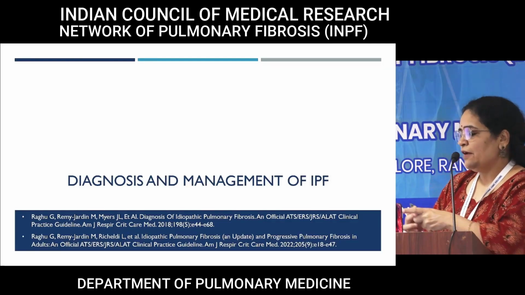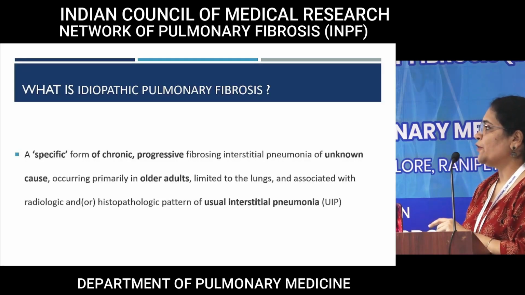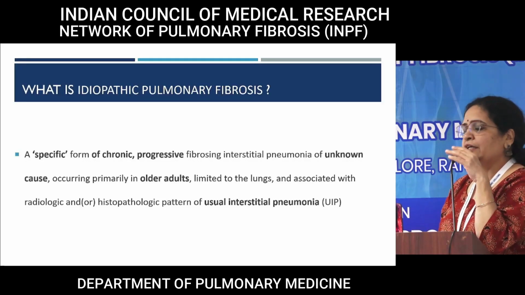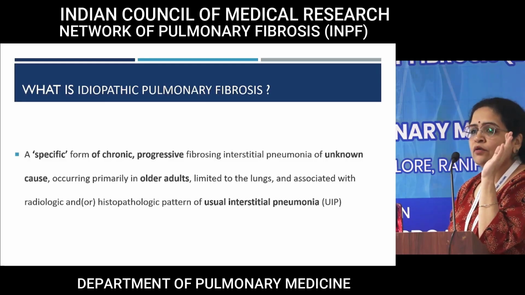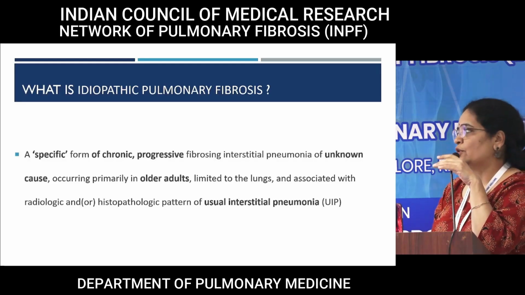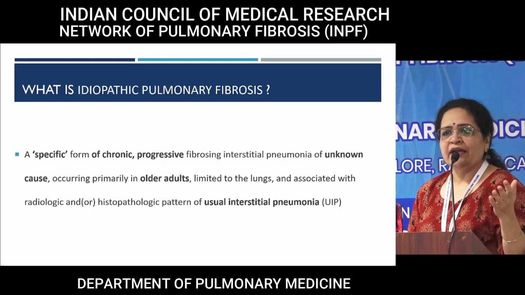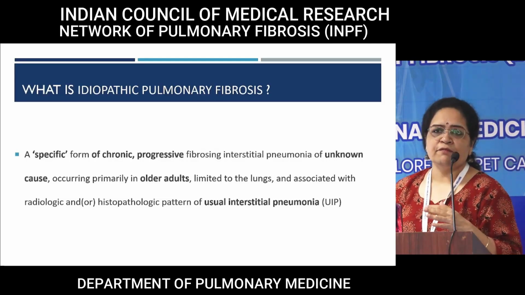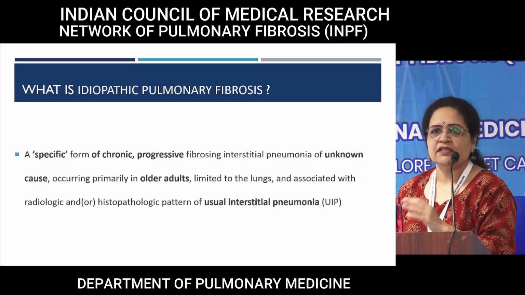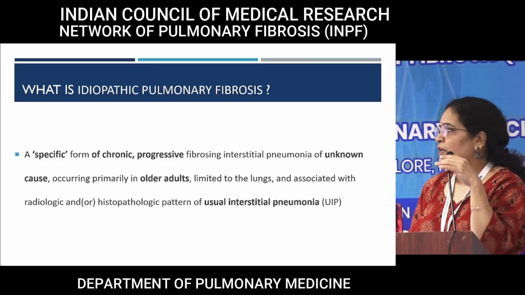So what is IPF? It is a specific form of chronic fibrosing interstitial pneumonia of unknown cause, which means we should have ruled out known causes. It occurs in older adults, but remember, time and again studies from our country have proven that it is not 60 plus. We do see it in younger people in our country.